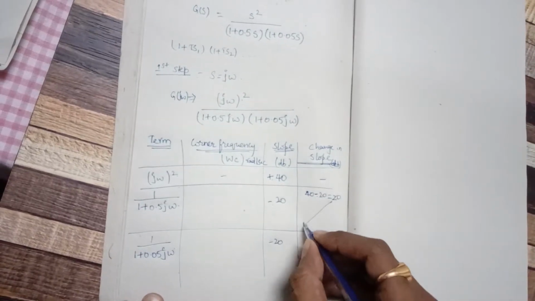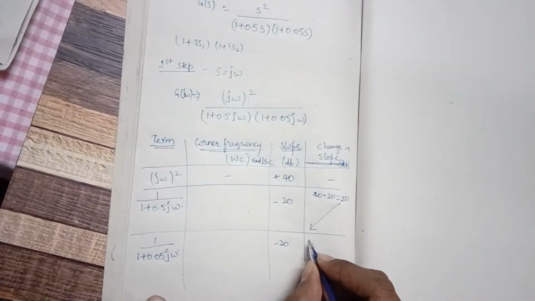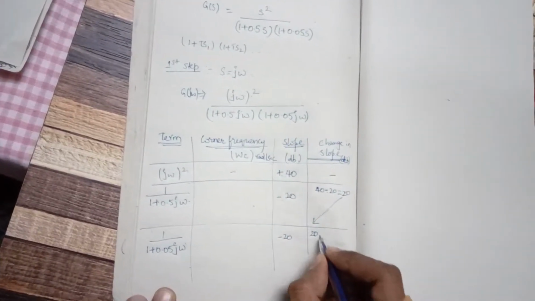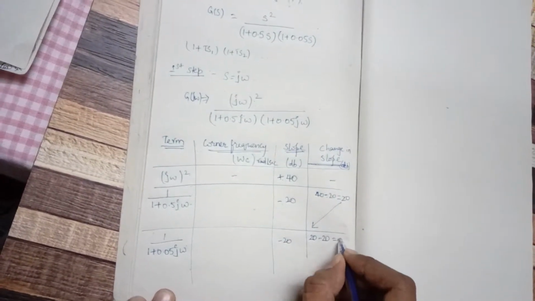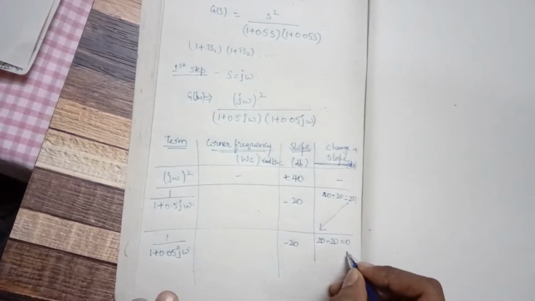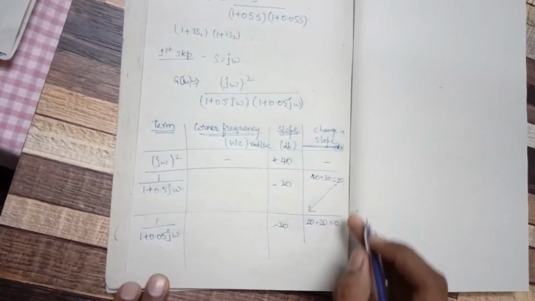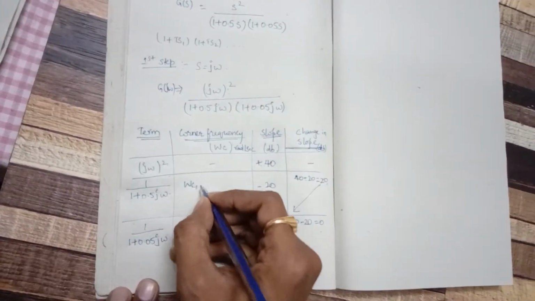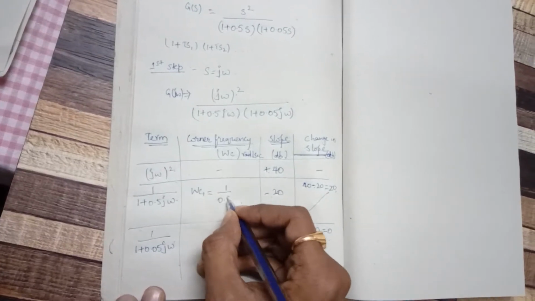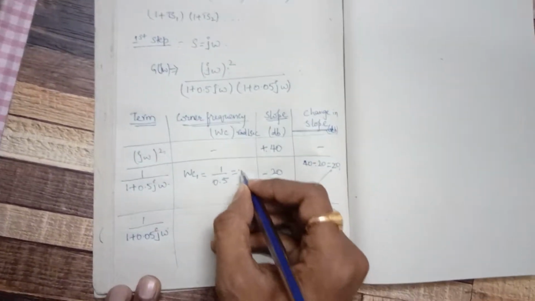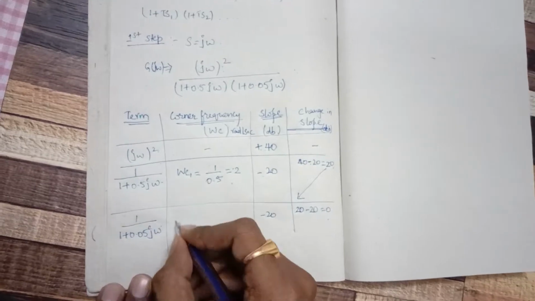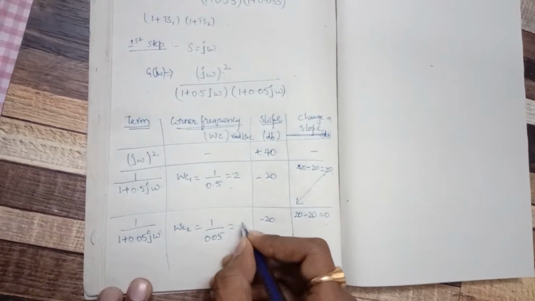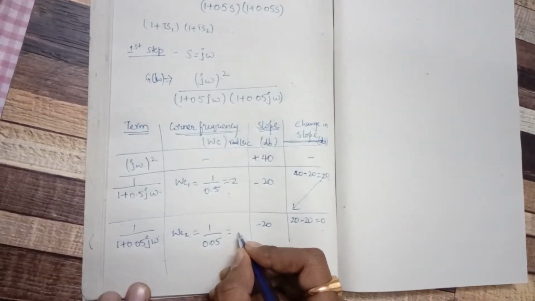Now for the next step, it is 20, and this is positive, this is again negative, so 20 minus 20 is 0. So change in slope 1 is 20, and change in slope 2 is 0. The corner frequency omega c1 is 1 by 0.5, that is 2. Omega c2 is 1 by 0.05, that is 20.